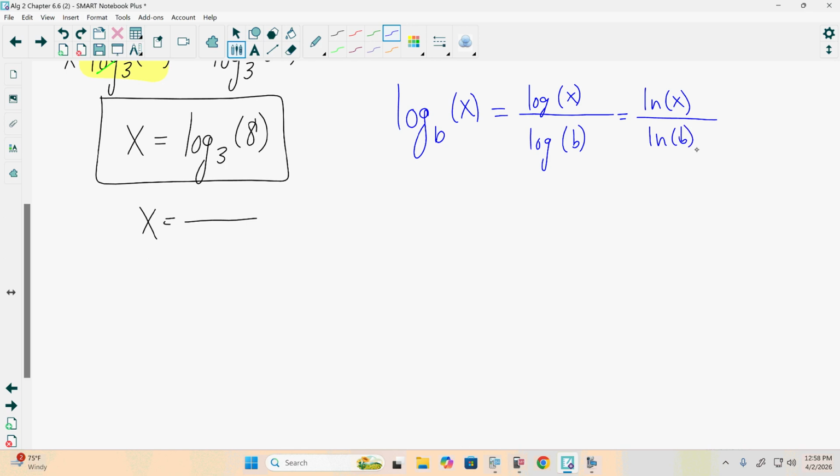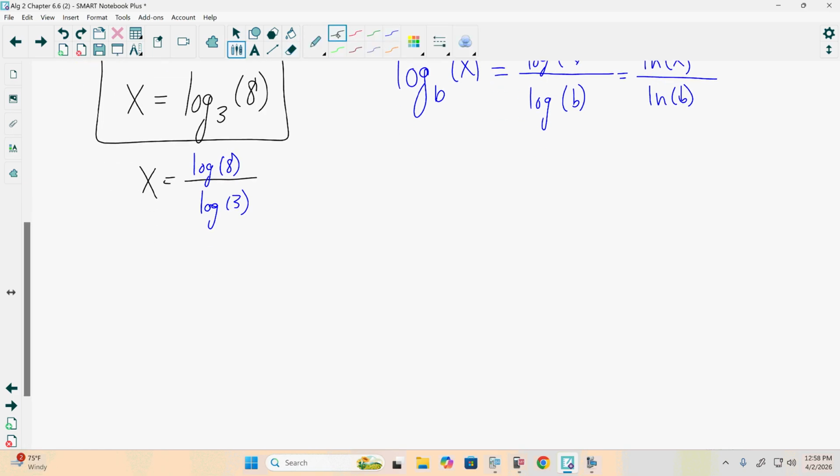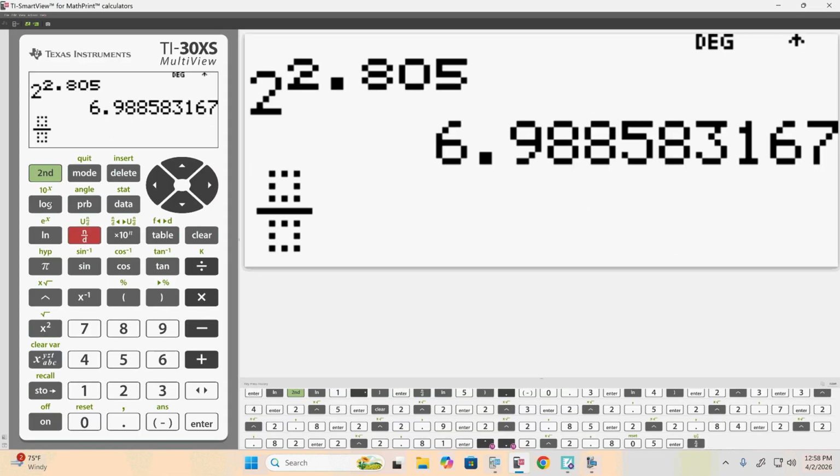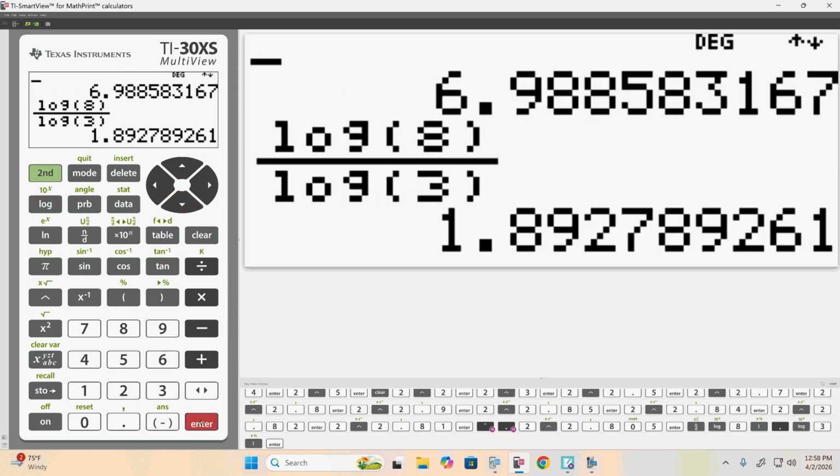Because log base b of x is equal to log of x over log of b, or the natural log of x over the natural log of b. So according to the change of base, this would be the same as saying log of 8 over log of 3. Log of 8 divided by log of 3, which is 1.893.